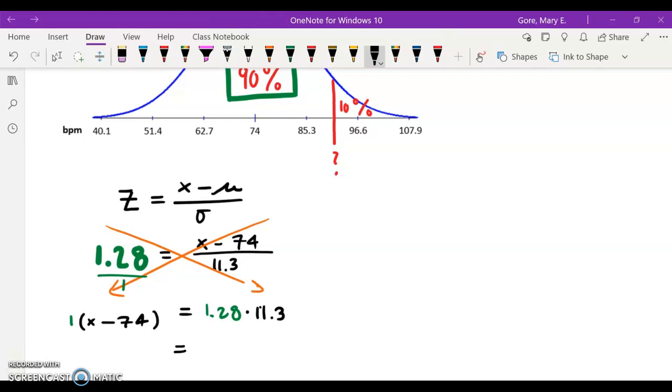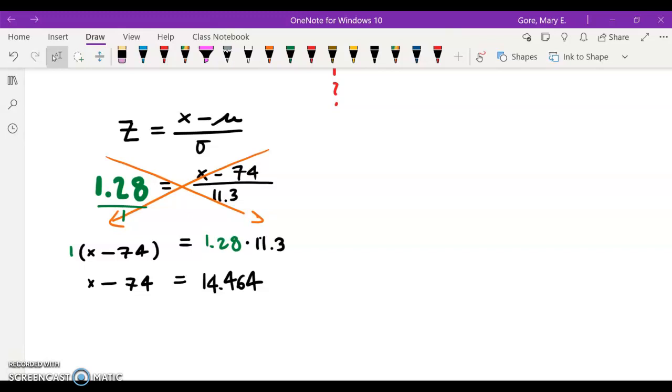So 1.28 times 11.3 is 14.464. And we have over here 1 times anything. It's just that value.